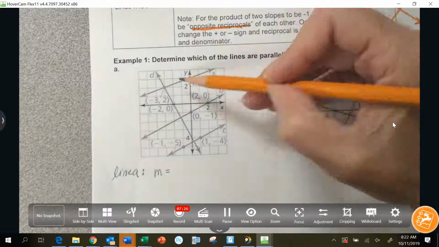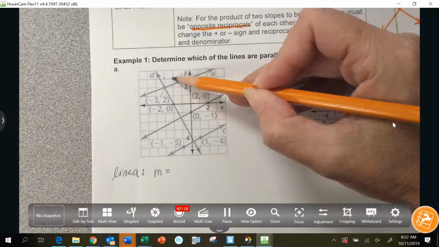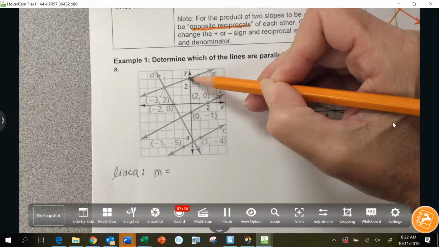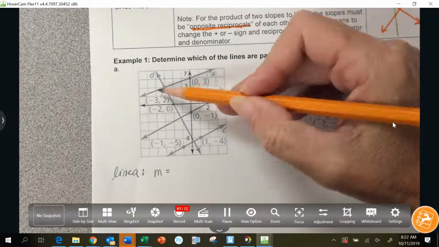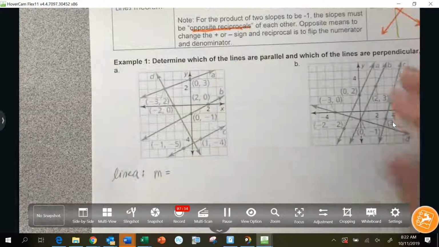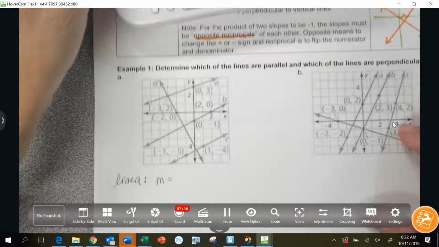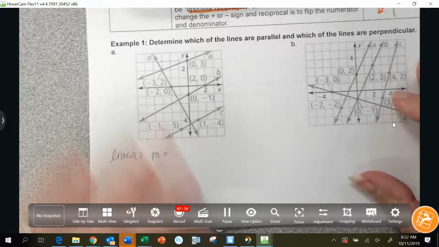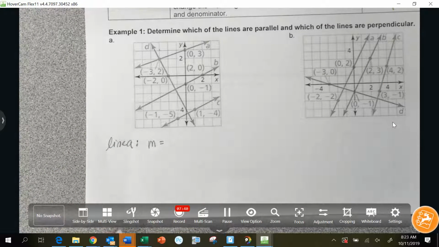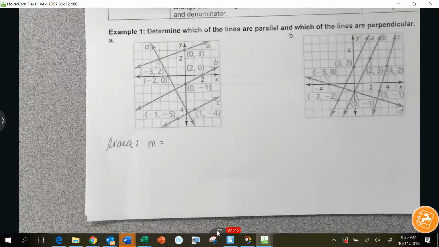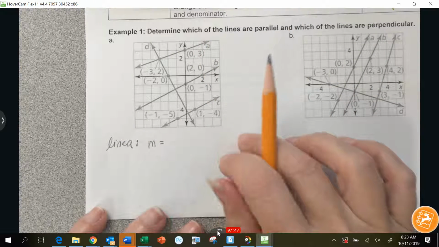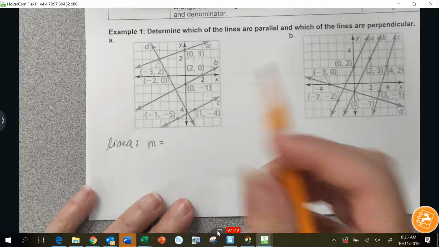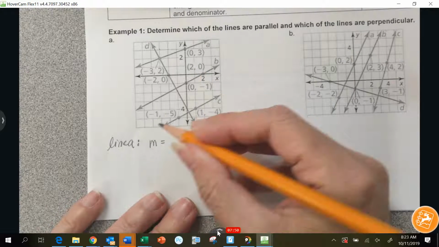You can either count rise over run, or we can use 2 points on the line. You choose what you want to choose. I'm going to do the formula so that you've seen it 8 times today, okay? But you can choose to just count rise over run if there is a picture for you.